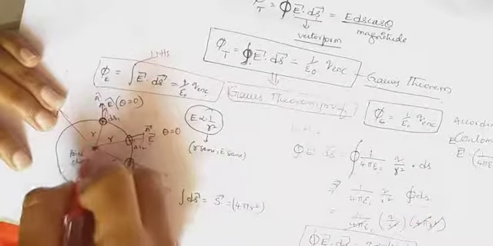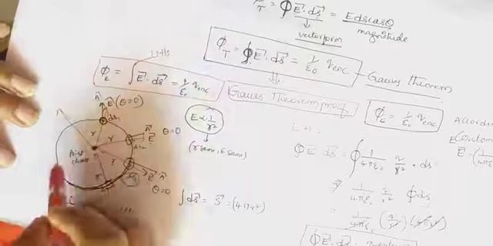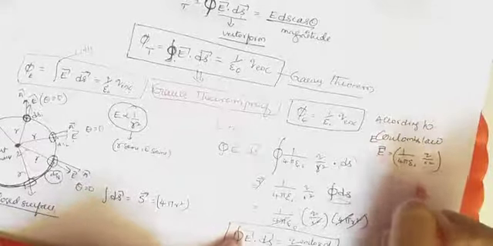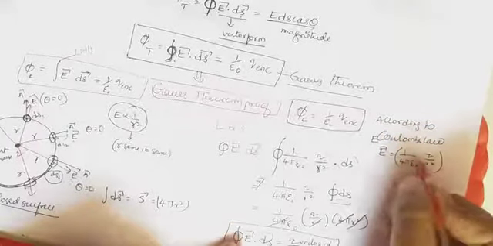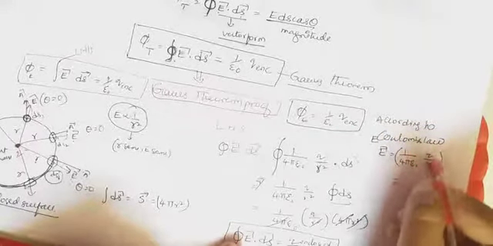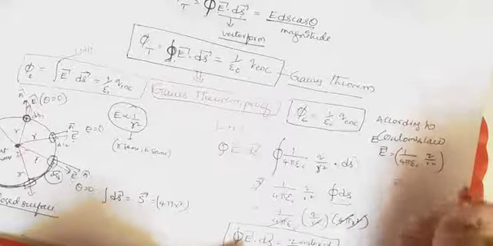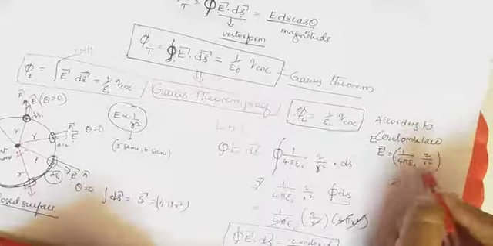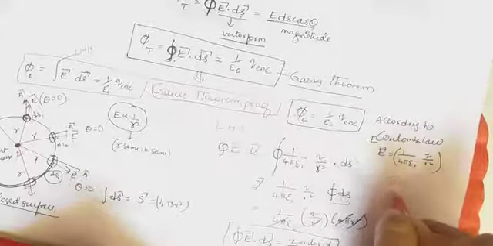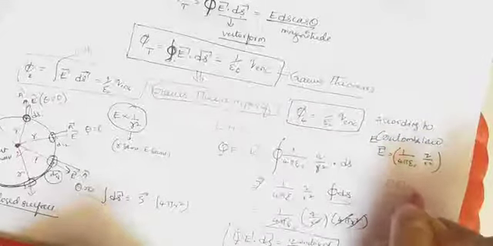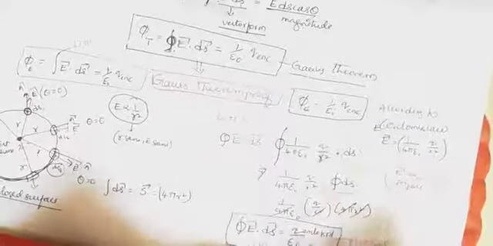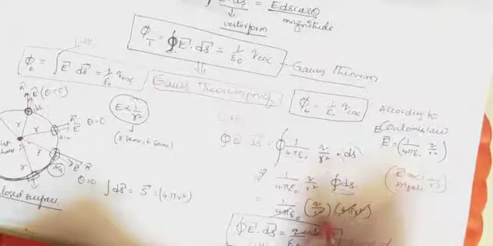So here we are only considering the point charge. If it is not a point charge, let us take a dipole. If it is a dipole, then the electric field due to the dipole is what? E is equal to 1 by 4 pi epsilon naught, here we are taking 2p by r cube. Okay, 2p by r cube means for the dipole, the electric field is inversely proportional to the cube of r. So here we are getting r cube.